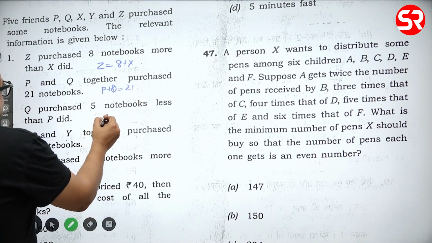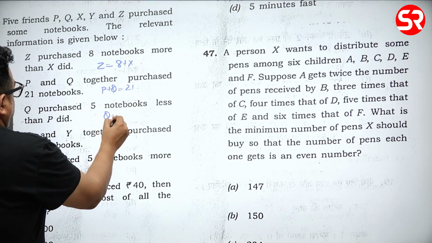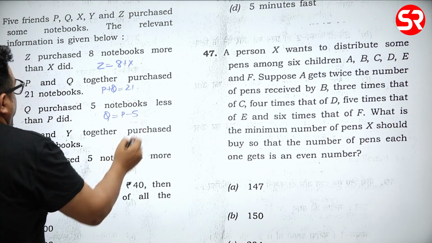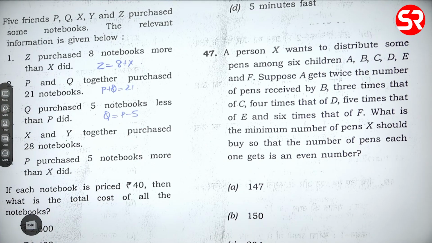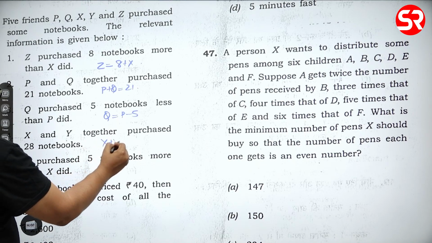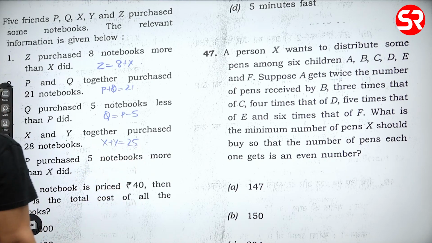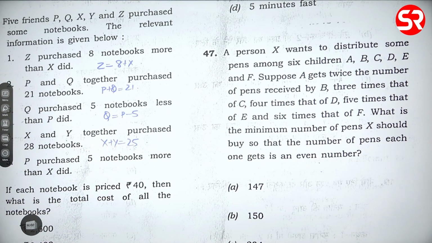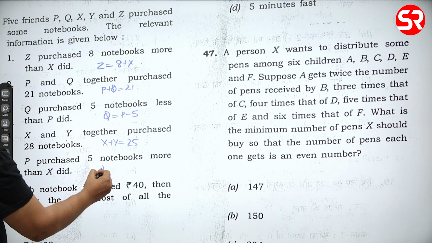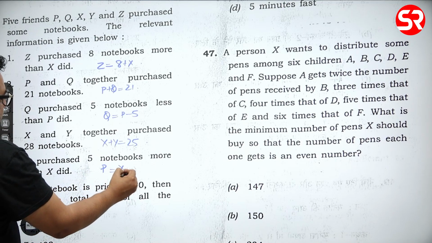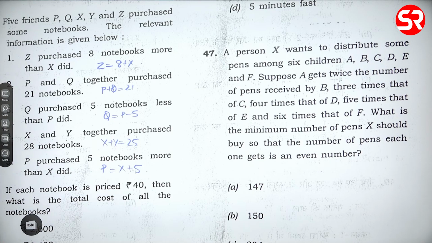Q purchases 5 notebooks less than P, so Q is P minus 5. X and Y together purchase 25. He wants to confuse you. Then he says P purchases 5 notebooks more than this.